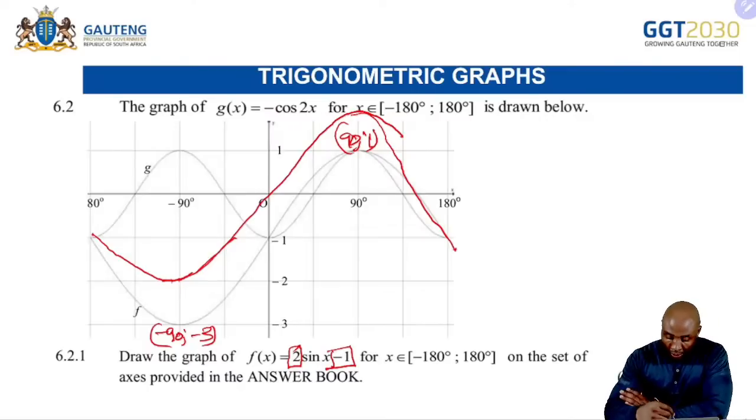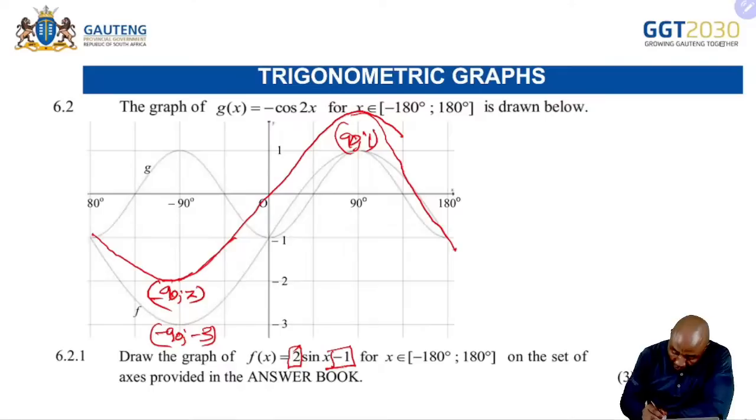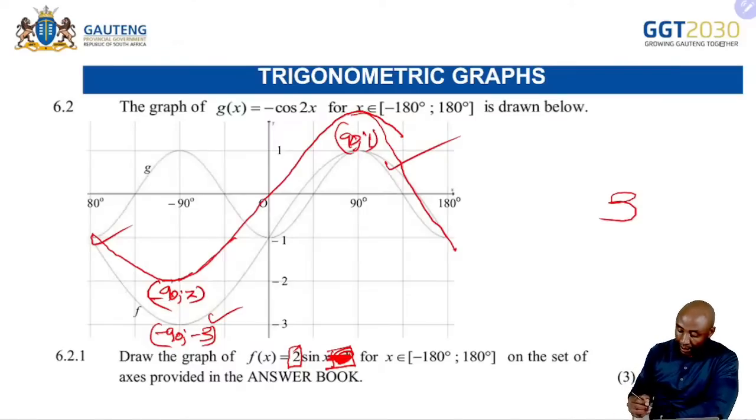So it shifts 1 unit down because it was supposed to be negative 90 degrees and 2 without this shift of negative 1. So we should be able to draw our graph and get the information. So for sketching this, the correct 180 and negative 1, you have your shape, you have your x-intercept, maximum, minimum, turning point, and the correct shape, you'll get your 3 marks for the graph.